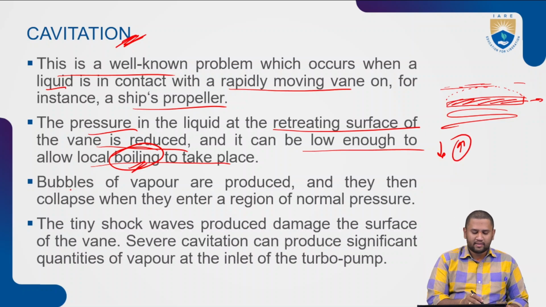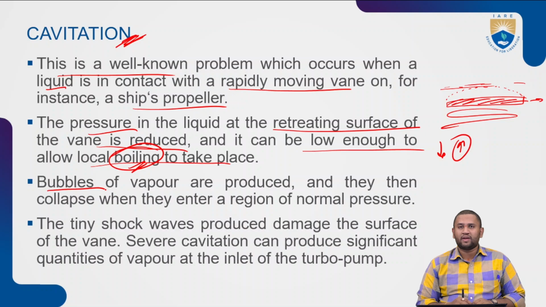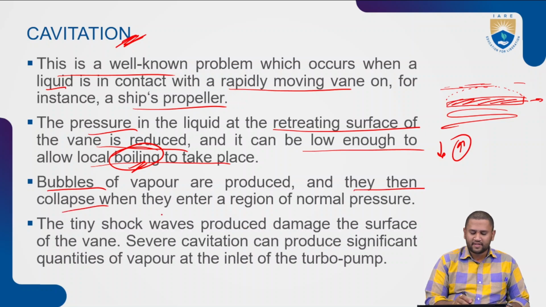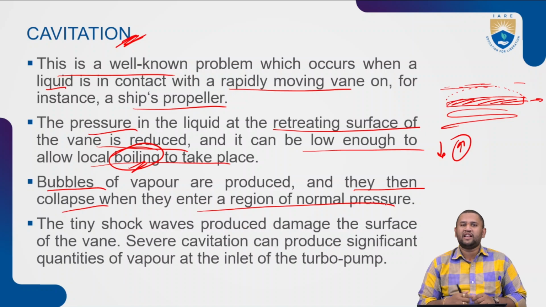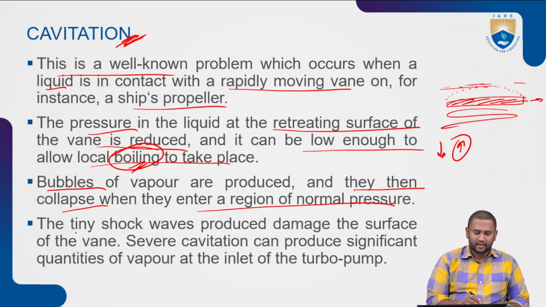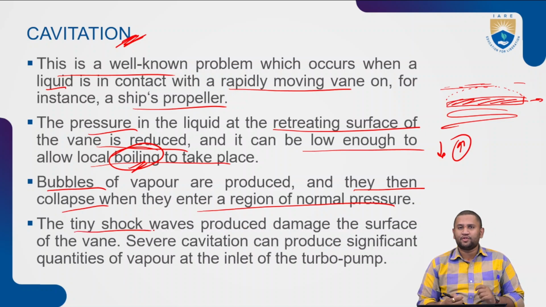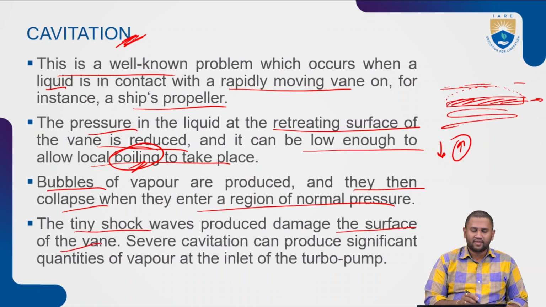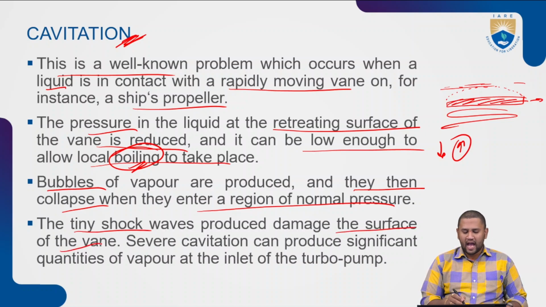Now, as the boiling takes place, bubbles of vapor are produced, and they then collapse when they enter a region of normal pressure. The tiny shock waves produced damage the surface of the vane.